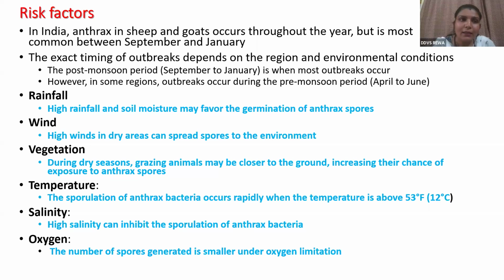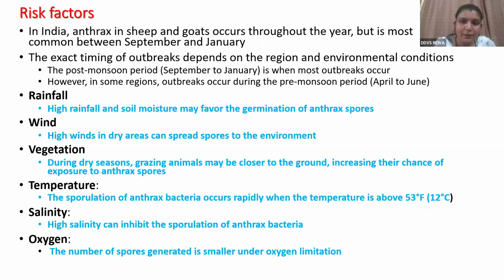Like rainfall: high rainfall and high moisture content in the soil help in the germination of anthrax spores. Even in dry areas, if high winds are there, then these spores can be spread to distant areas.